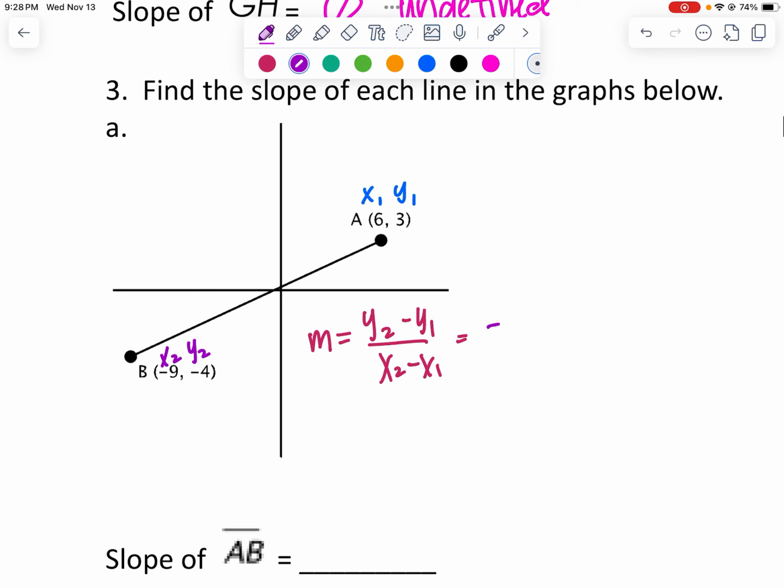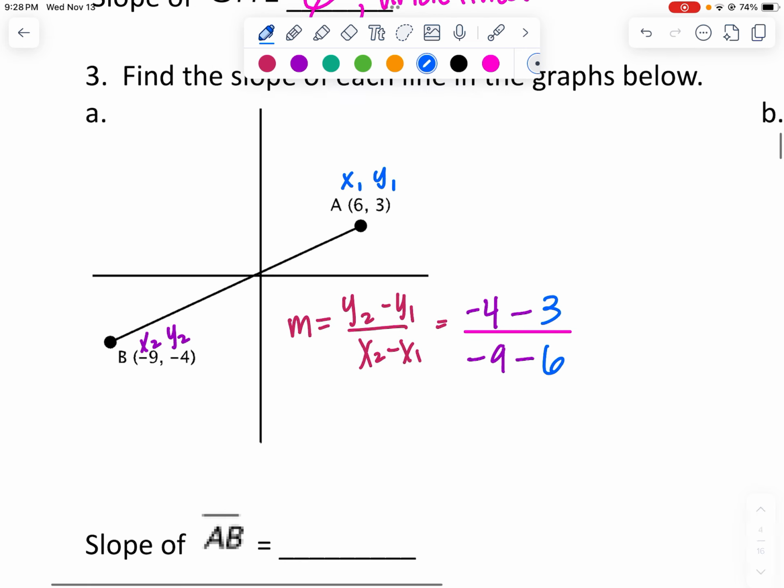So y2 is negative 4, minus y1 is 3. Okay, all over negative 9, minus my 6.